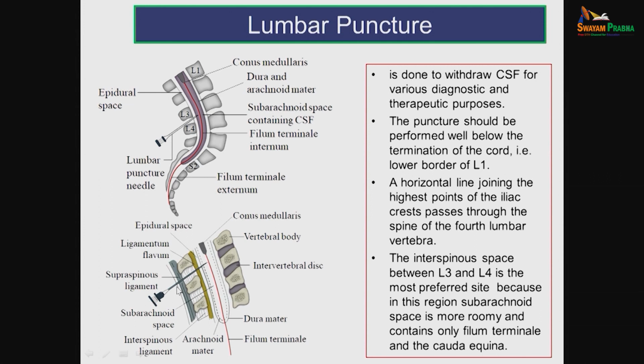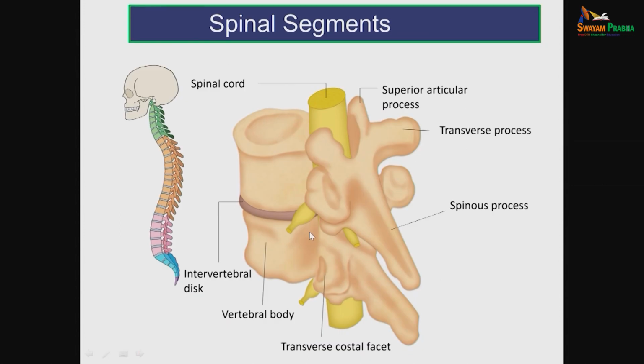You will be piercing the skin, fascia, then the supraspinous ligament, interspinous ligament, ligamentum flavum, then the dura, arachnoid, and you will be entering the subarachnoid space. So, the interspinous space between L3 and L4 is the most preferred site. You can directly insert the needle, go to the subarachnoid space and withdraw cerebrospinal fluid for diagnostic and also for therapeutic purposes. So, this completes the coverings of the cord.